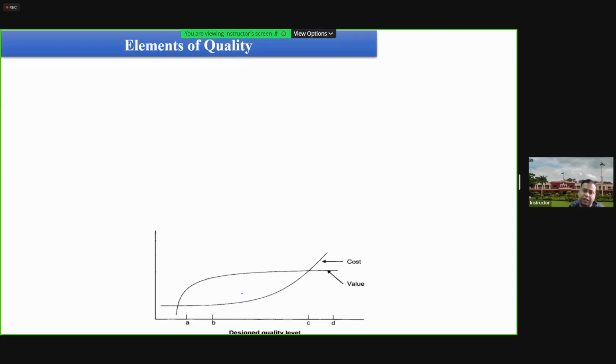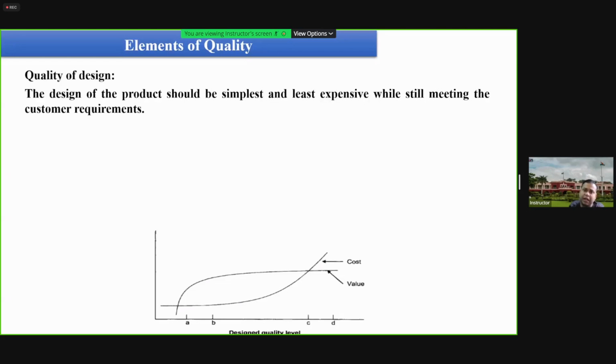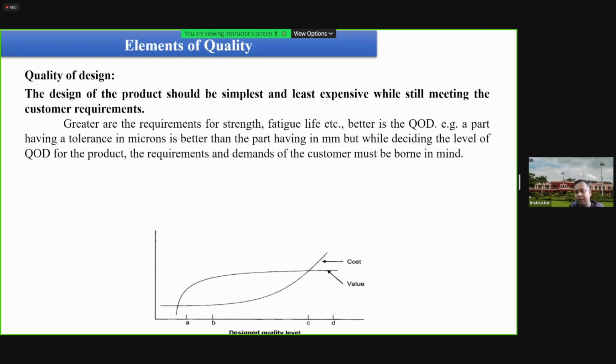So we have to ensure that the cost of the product does not exceed the value that we are providing, because our competitors will be competing on both these aspects. We are incorporating the features into the product, but we have to make sure that the cost does not increase so much that we are not able to compete with our competitors.